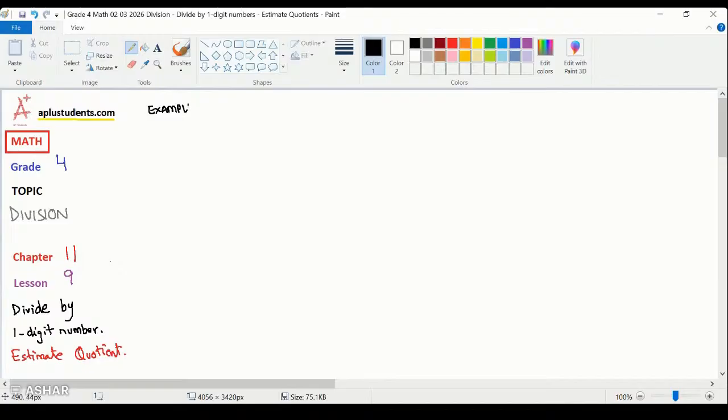If I have a number, 75, that is to be divided by 9, let's see what happens over here. What would be the quotient, what would be the divisor, and the remainder?